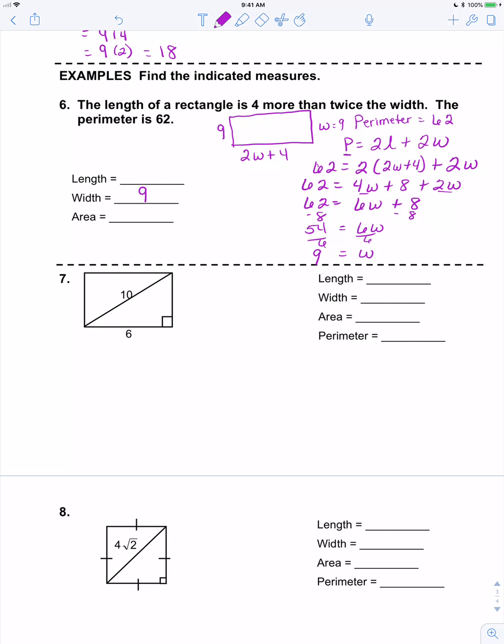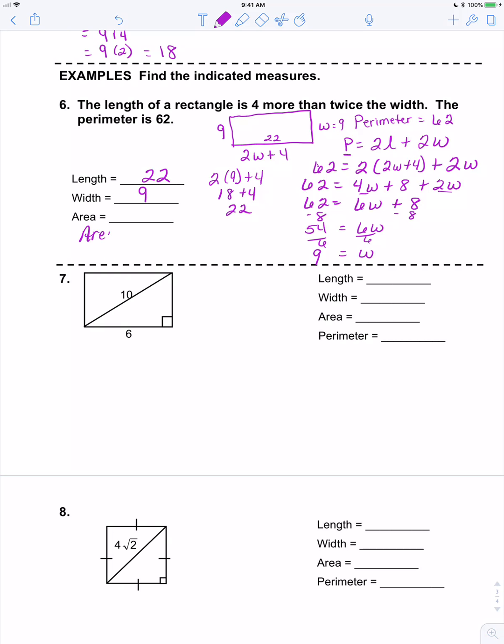And then 2W plus 4. So 2 times 9 plus 4. 2 times 9 is 18 plus 4. So our length here is 22. Then we're told to go find that area.